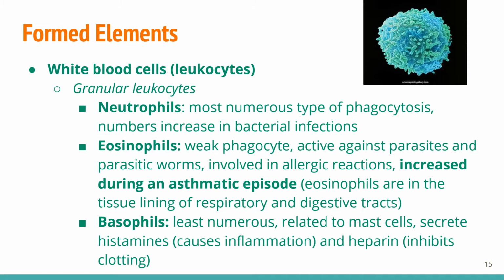They are the least numerous, and they secrete histamine, so they're responsible for causing inflammation, and they also secrete heparin, which inhibits clotting. So just know all the differences of these different cells.